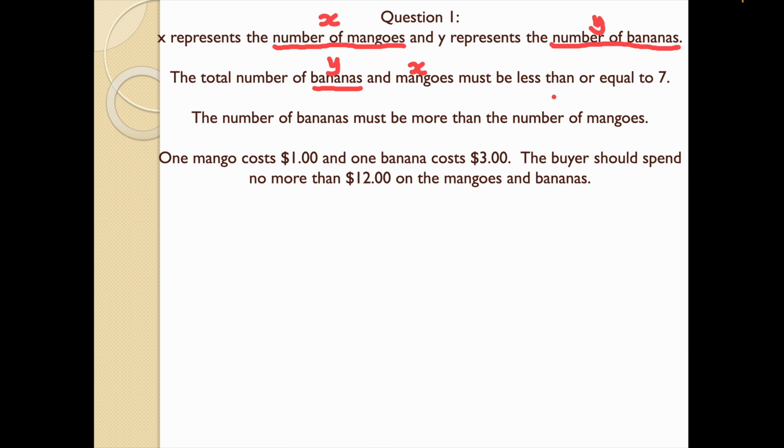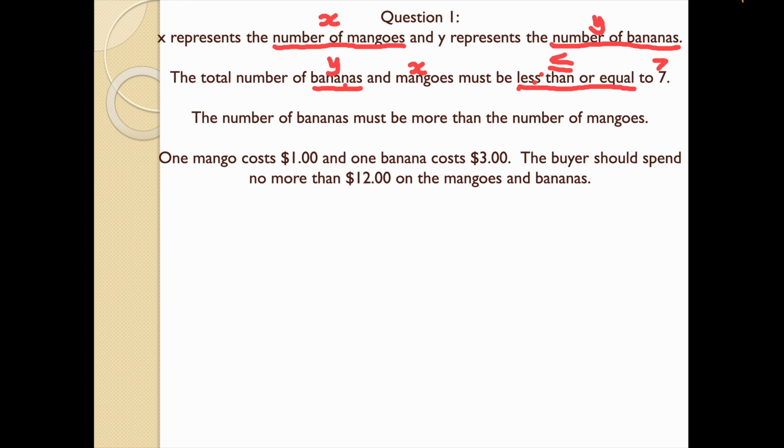It says must be less than or equal to. So less than would be this, or equal to meaning like this sign. So right here is less than or equal, that's what this sign means. And it's less than or equal to what? 7. So the total number of bananas and mangoes must be less than or equal to 7.